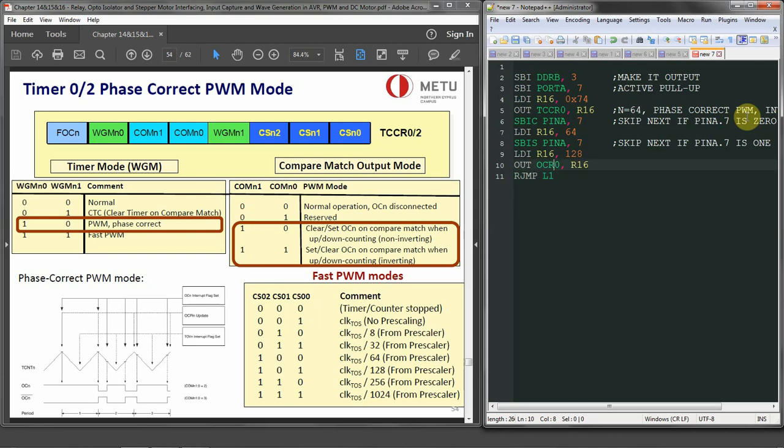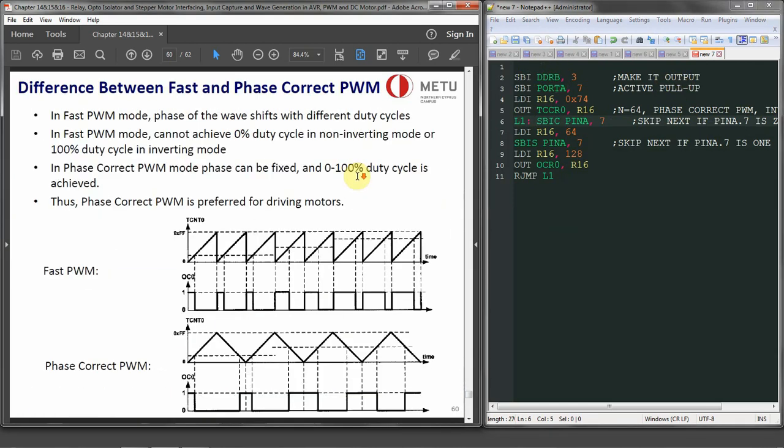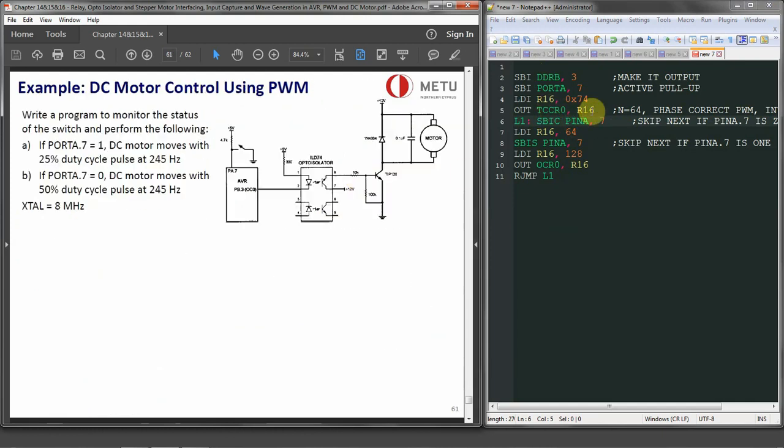We have to jump to L1 where we monitor the pin. So that's all we need to do. What we have done, we set the active pull-up and port B to be an output port. Then we have calculated the TCCR0 to be 0x74 if it's inverted, otherwise 0x64 if it's non-inverting, because we are using the prescaler and phase correct PWM.